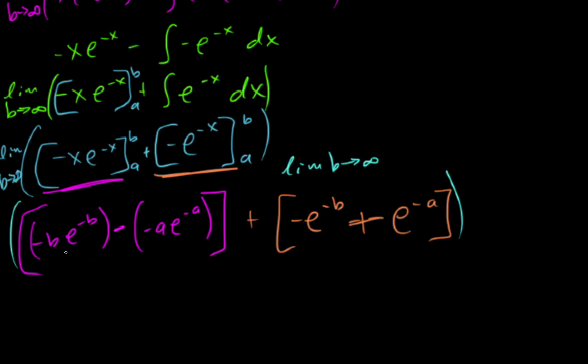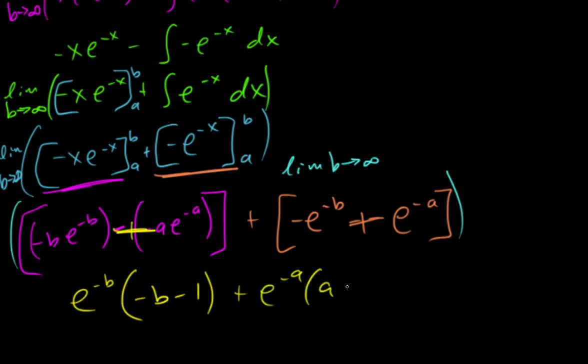So we have e to the negative b right here, so we're going to say e to the negative b, and then the stuff that we get, negative b minus 1. And then those negatives will make a positive. We can take out a e to the negative a, and we're left with a plus 1.